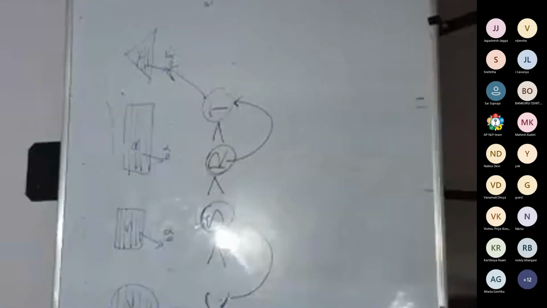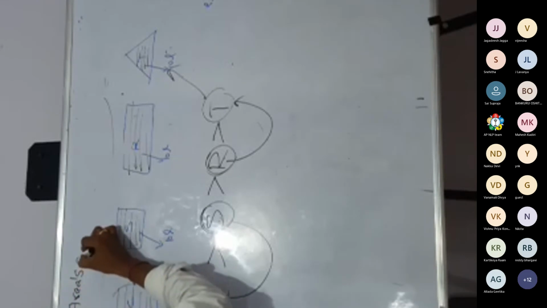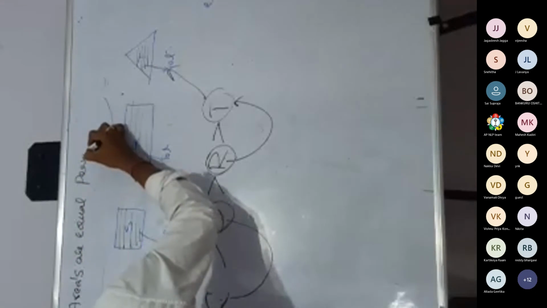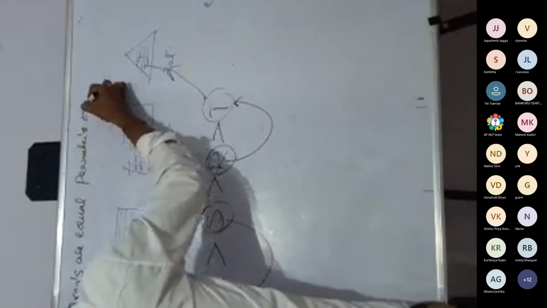Next one. If the areas are equal, the perimeters are reversed.